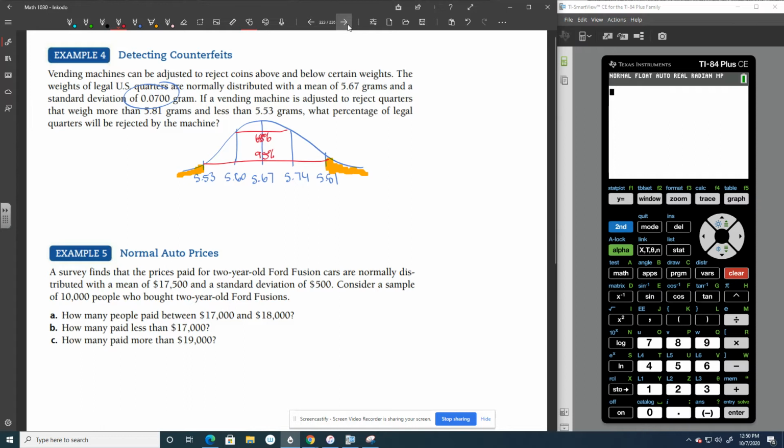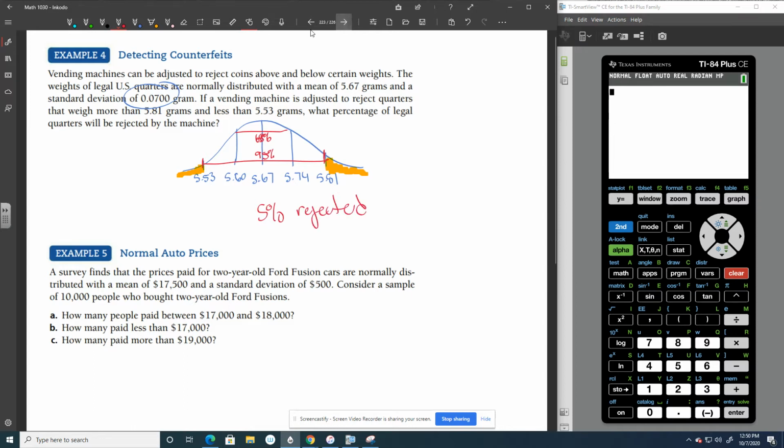That's my limits right there. So 95% should fit within this range of weights, which means that it asks what percentage are going to be rejected. Well, 95% are going to be accepted. So the rest, the 5%, are going to be rejected there on the outside.